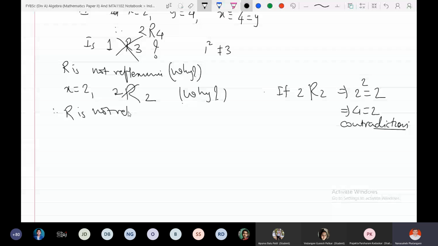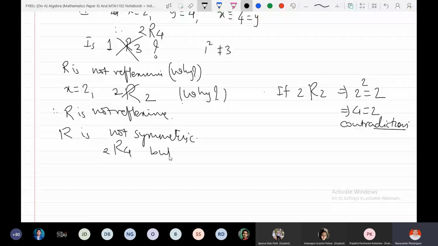Similarly, R is not symmetric, right? Because 2 is related to 4, but 4 is not related to 2. So symmetry fails.